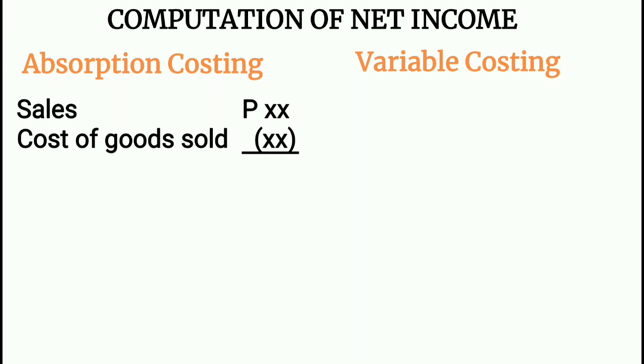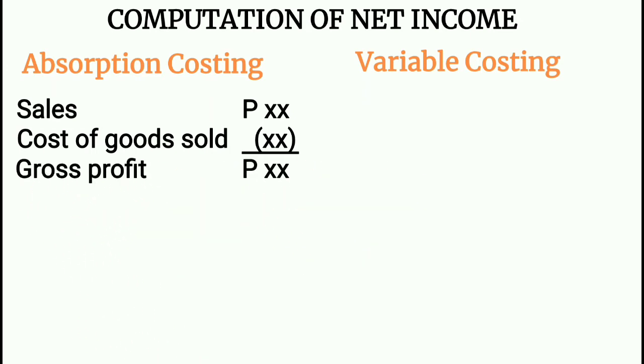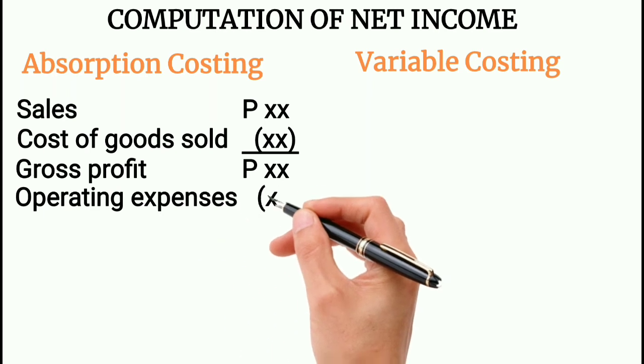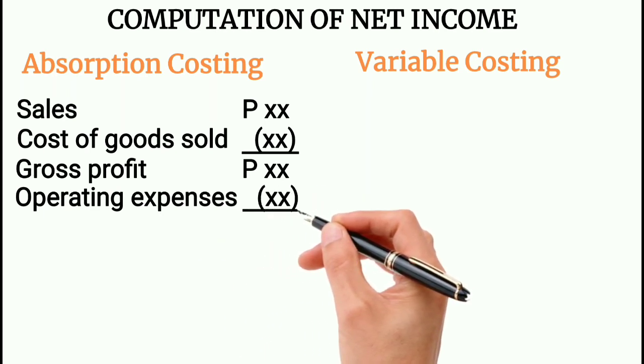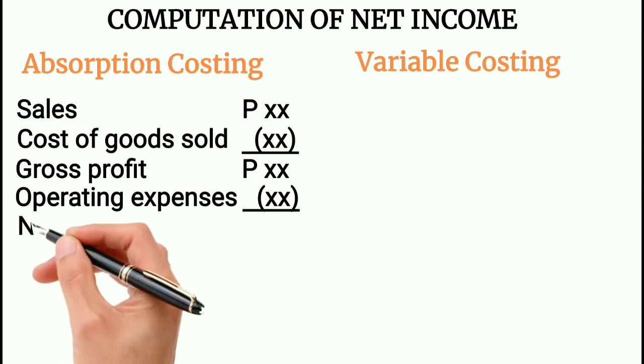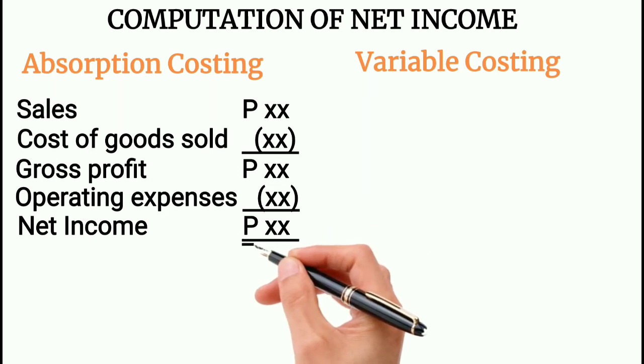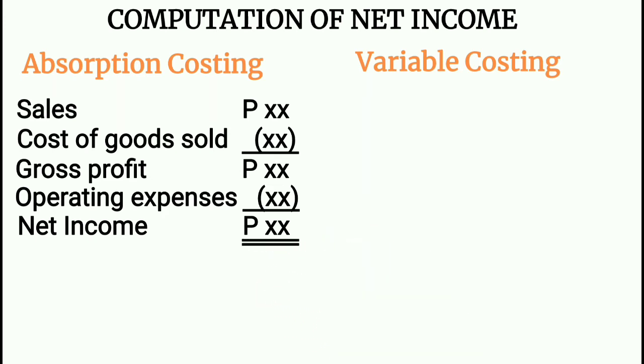Sales minus cost of goods sold, that is equal to gross profit, minus operating expenses or OPEX. Gross profit minus operating expenses, that is equal to net income. As you can see, this format is used in financial and external reporting.